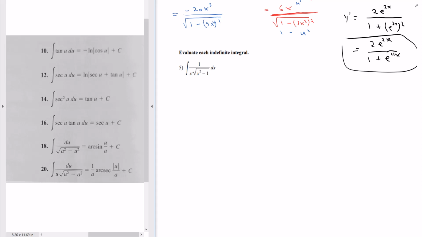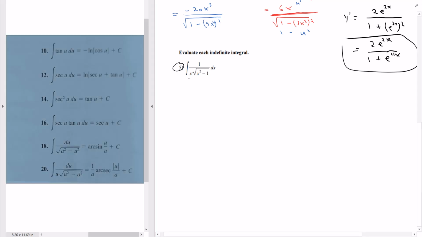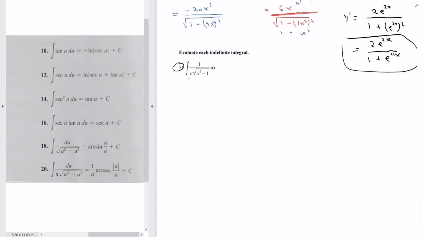So the first piece is that we need to recognize which one we're dealing with. Which one of these matches the one down there? Well, it has that extra thing on the outside, so that's this u. And so we can recognize that in this case u is x, in which case this is u squared. And then du would be the derivative of x, which is 1, and that's what's up here, 1.